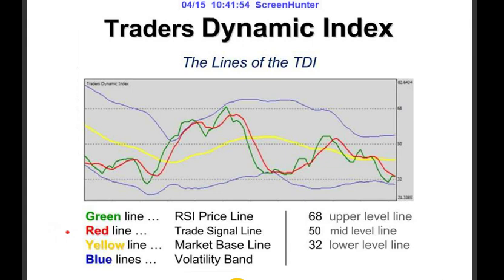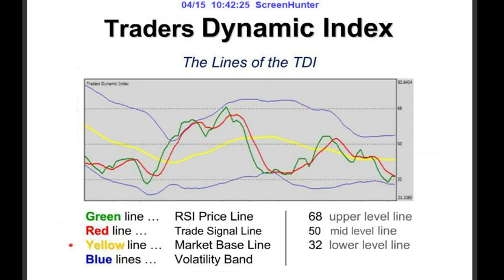Crossovers are very synonymous with traders. It's very easy for many of us to see moving average crossovers. So the red line is a moving average of the green line to a certain degree, and it's using that moving average crossover to help you determine a potential entry or exit. When the green line is above the red line, like right here, a potential buy. When the green line crosses over and starts dropping below the red line, a potential sell in that situation right there.